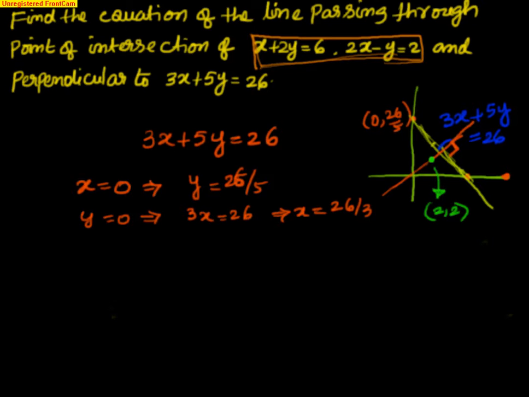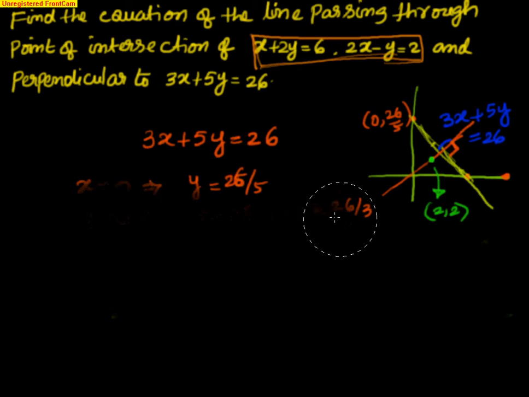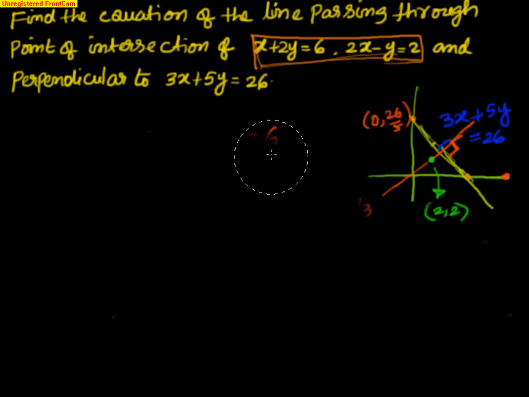Okay, I'll erase this so that we'll go ahead and do that. Now I have plotted my line. I know that this orange line is what I have to get, and I also know it's perpendicular to the 3x plus 5y equal to 26 line.